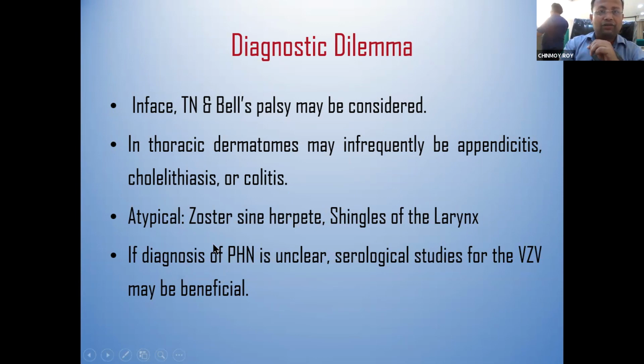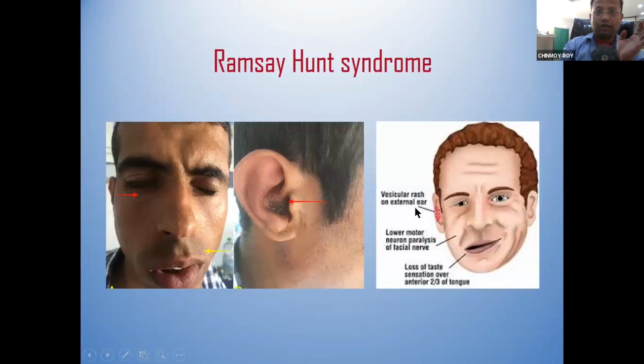If the diagnosis of post-herpetic neuralgia is unclear in those cases, then a serological study for herpes zoster virus may be beneficial. Otherwise, nobody goes for serological tests. Ramsay-Hunt syndrome can also be seen in a zoster patient.